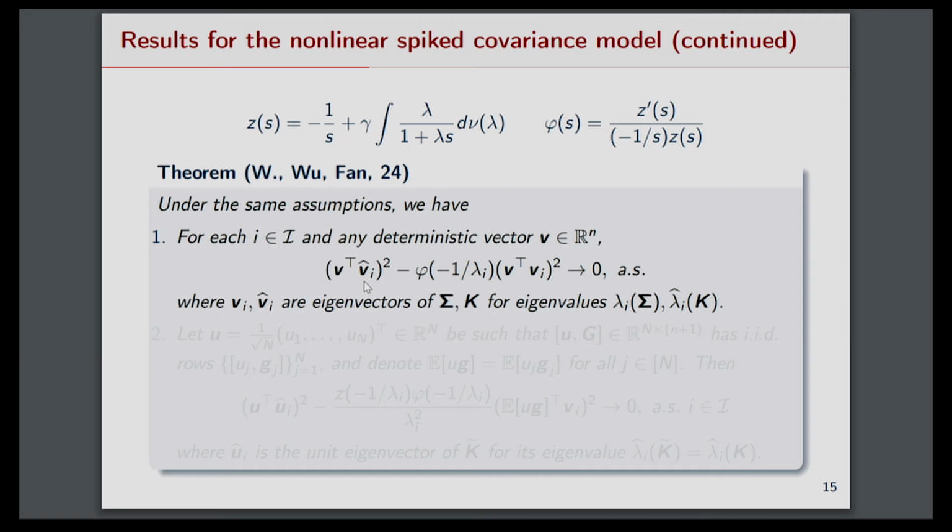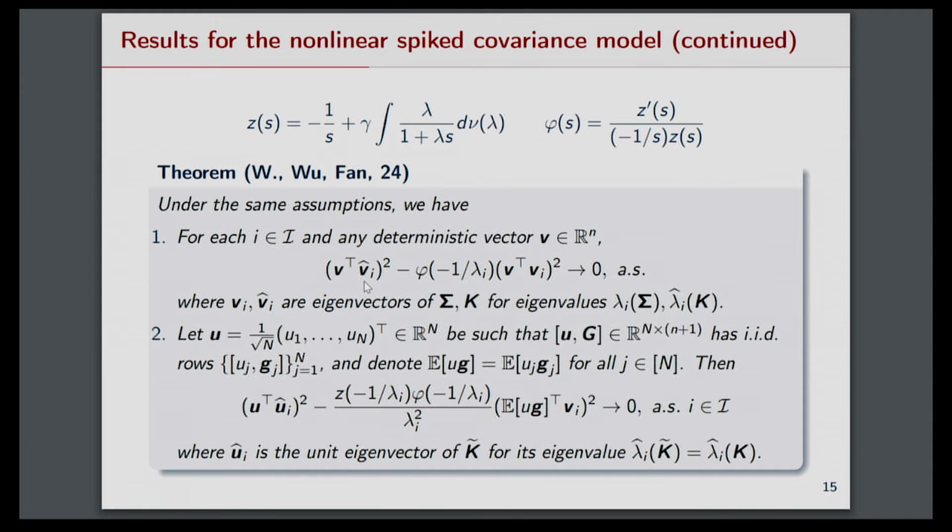Also, we can quantify the eigenvector alignment. We can choose the eigenvector of this matrix K corresponding to the spike and compute the alignment with the spike in sigma. I will not introduce these details, but you can ask questions later. And also, we can analyze the left and right singular vectors.